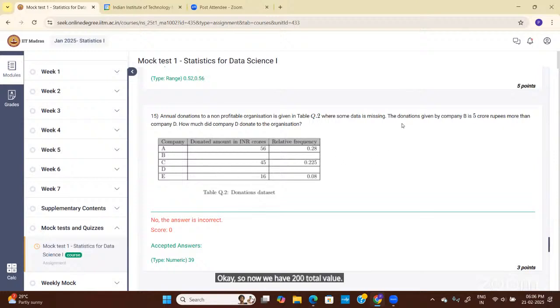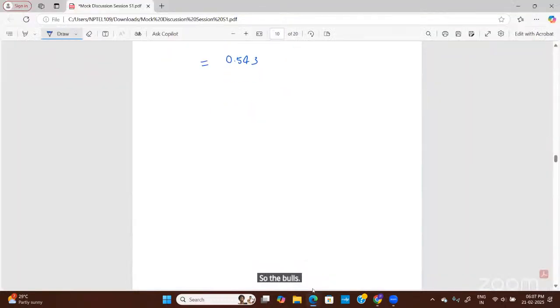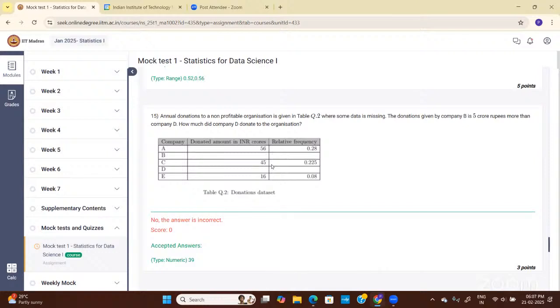Now we are given that the donation given by company B is 5 crore more than company D. Suppose we have A, B, C, and D. For D, suppose it is X, then for B, it is 5 crore more than D, so it will be 5 plus X. The others are 56, 45, and 16.